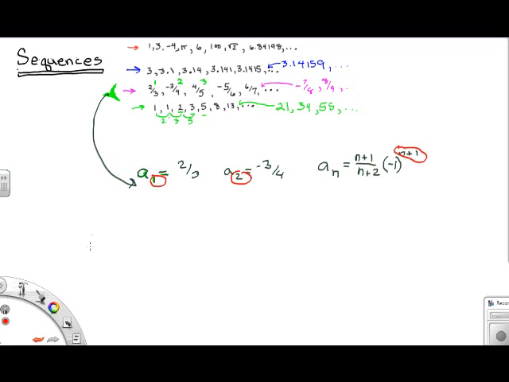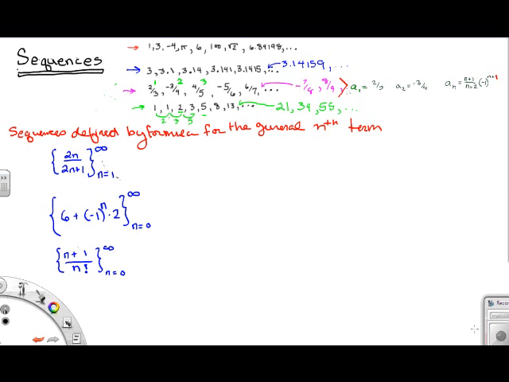Okay, let's do some practice on these. I'm introducing a little bit of new notation here. I've got 3 sequences that are defined by a formula that gives me the general nth term. What this notation means is that I'm going to list the numbers inside those curly brackets. Some books use square pointy brackets instead of curly brackets, but in our text we use curly brackets, so I'm going to stick with that.